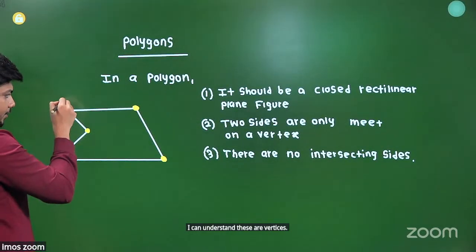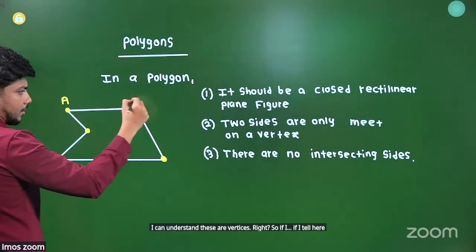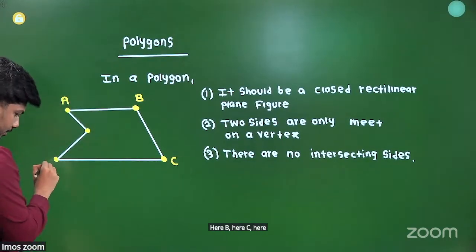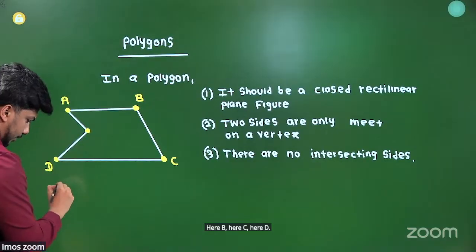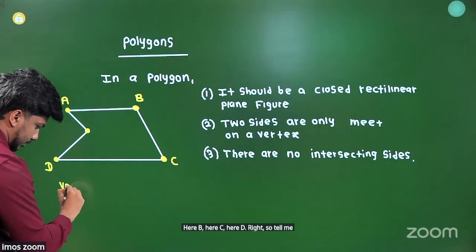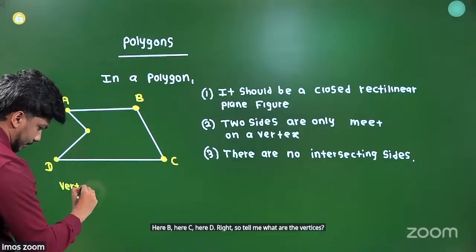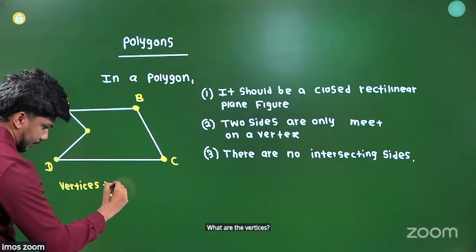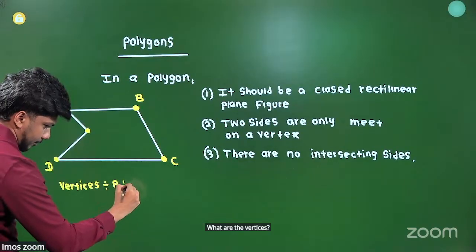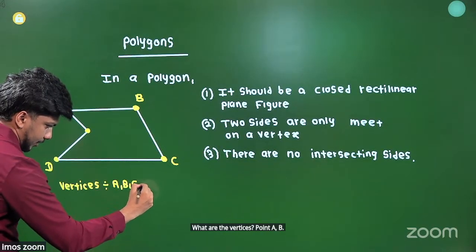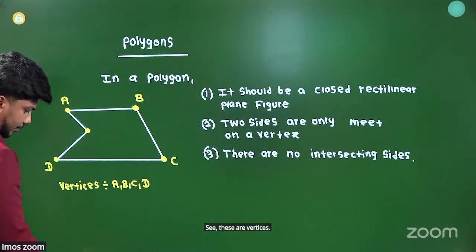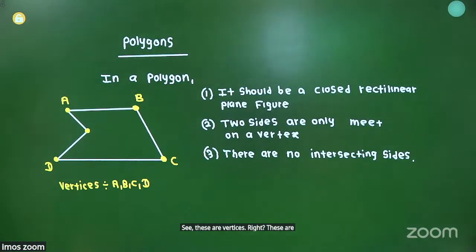If I label here A, here B, here C, here D, what are the vertices? Points A, B, C, D. These are vertices, right?